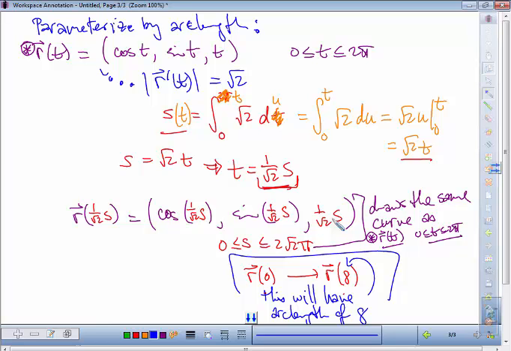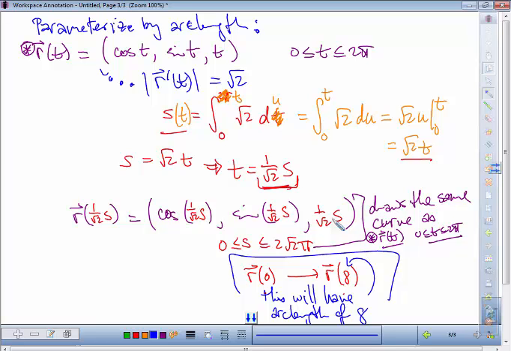So that is going to be helpful for us when we talk about curvature, because one of the definitions of curvature assumes that you will parameterize by arc length. Although, again, in practice, we're not going to do this.